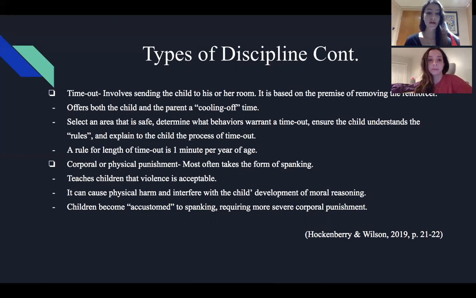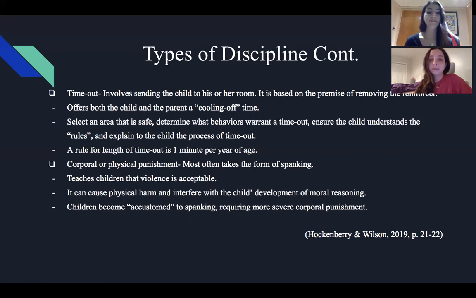Then there's physical punishment, and this takes the form of spanking. Although there is some research that discusses the benefits of spanking, there's actually more harm than benefits with this type of discipline. Physical punishment teaches children that violence is acceptable.